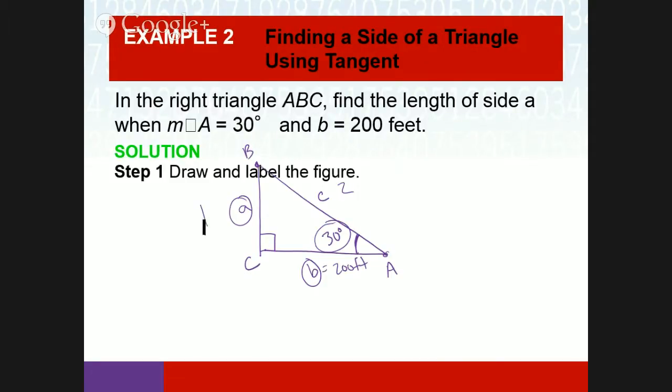Sine would be opposite over hypotenuse, but I don't have the hypotenuse. I need to use a trig function that has one other thing in the ratio, right? So right now, I know that sine of 30 is going to equal 1/2, but sine of 30 would be A over C. I don't know what A is and I don't know what C is, so this doesn't help me to find A. So what would cosine be?